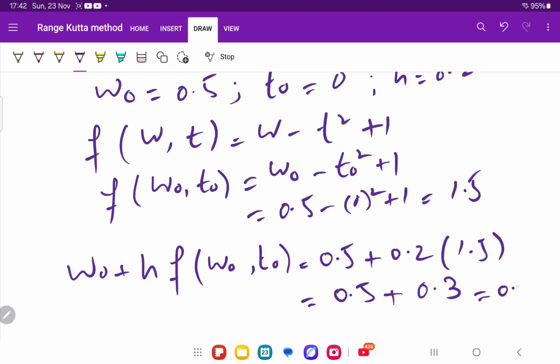So the answer is 0.8. This part is equivalent to 0.8.